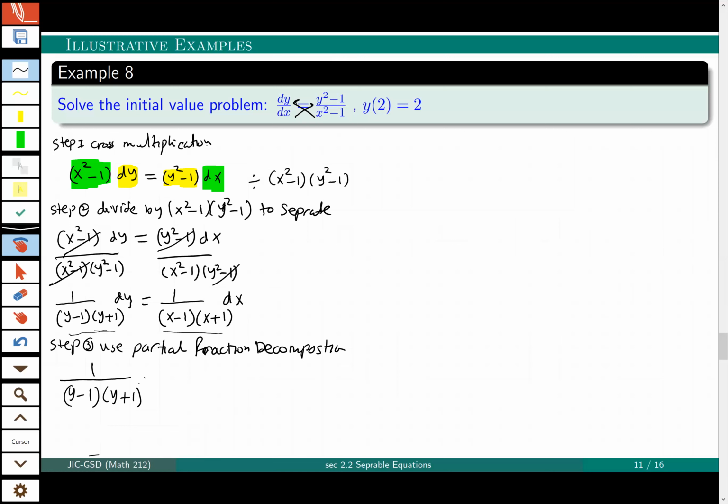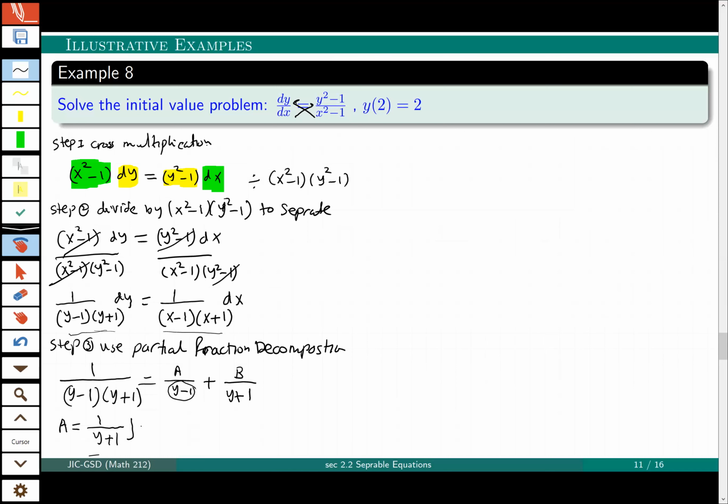So to do partial fraction decomposition, we have a constant number a divided by y minus 1 plus b divided by y plus 1. How to find a and b? It's very simple. For a, you take everything except y minus 1. So everything means 1 divided by y plus 1.